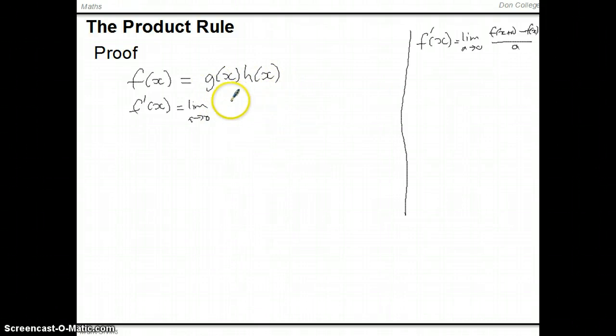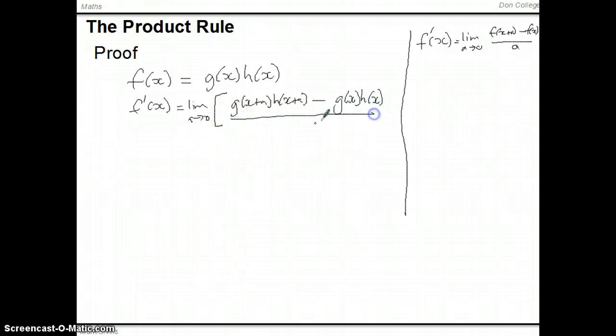So that's going to be g of x plus a, h of x plus a, minus, using the same pattern, g of x, h of x, all over a. So far so good, but not terribly helpful.